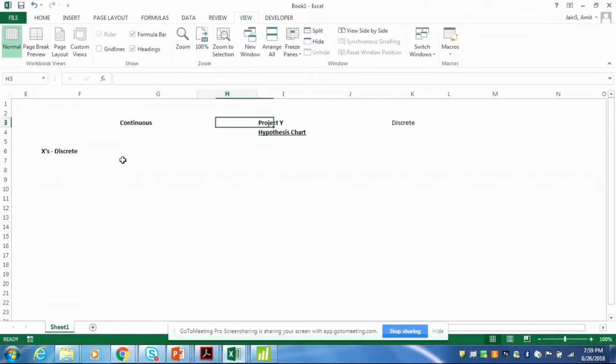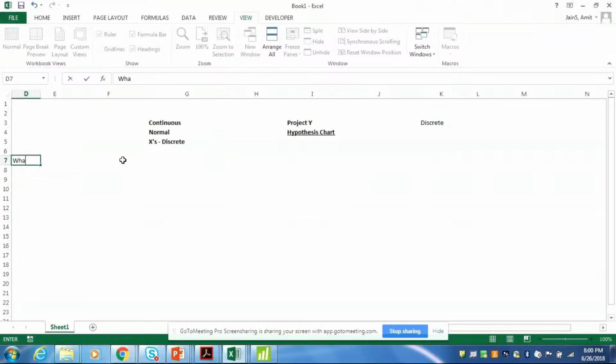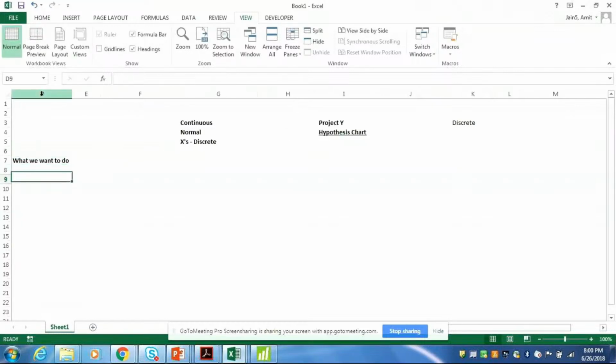Okay, so let's assume that the data distribution is normal for project Y. We have initiated the project, and the first thing that we want to do is set a target for the project, right?